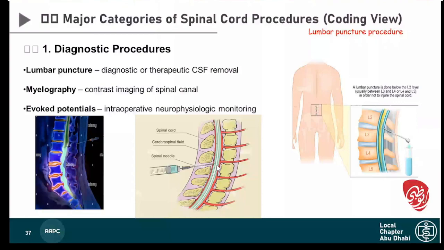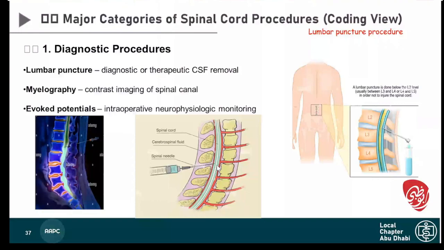The physician drains the CSF fluid and sends it for CSF culture, and we have to check CSF protein and CSF cell count. So this helps to identify whether the patient developed meningitis or not, because in case of meningitis, the CSF protein count will be higher.